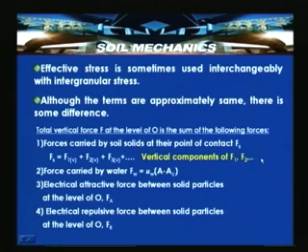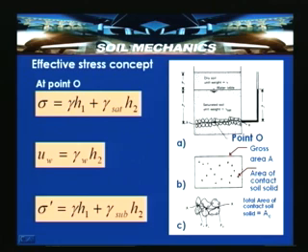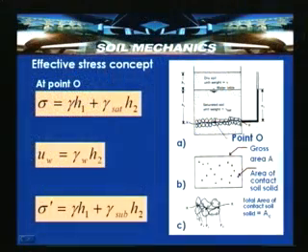That means, if you go to the previous slide, at the contact points you have forces F1, F2 and F3 acting. So, the vertical component of F1 is F1V, of F2 is F2V, and of F3 is F3V.